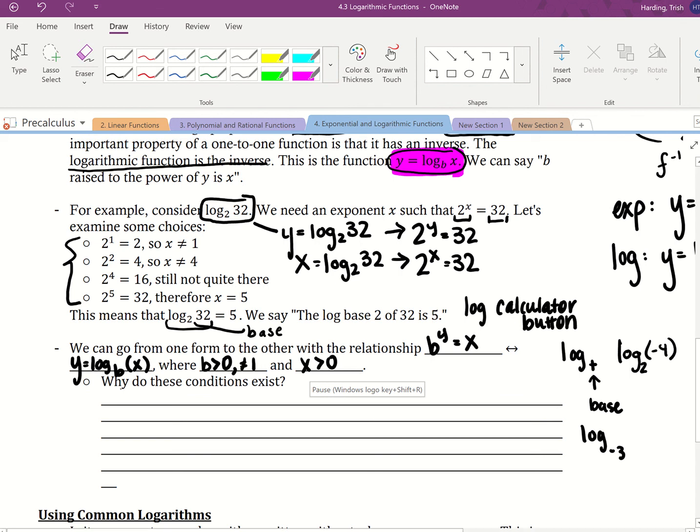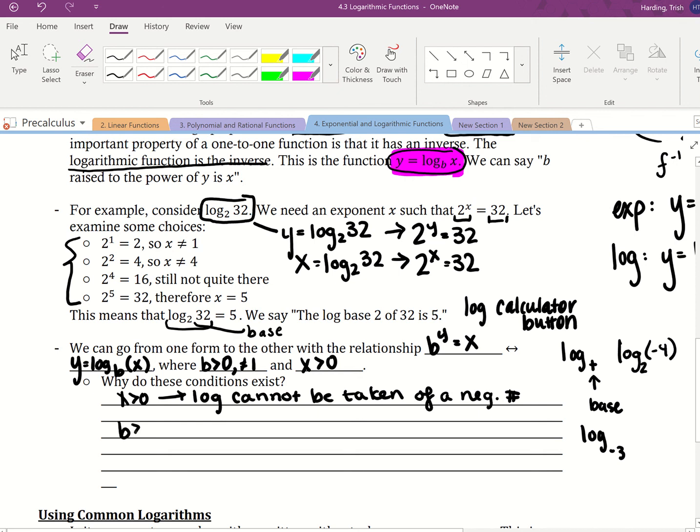So why do these conditions exist? x is greater than 0 because log cannot be taken of a negative number. I'm sure there's a much more eloquent way of saying that. Log cannot be taken of a negative number.